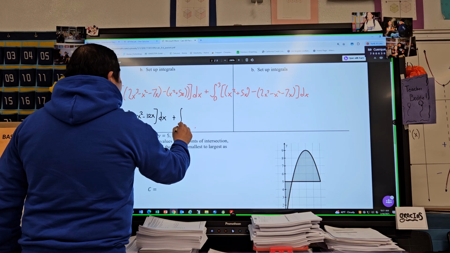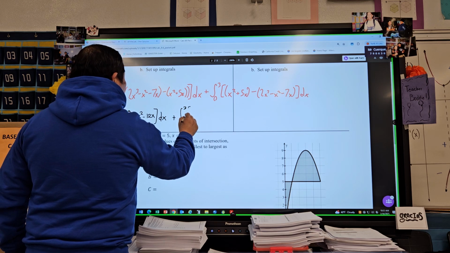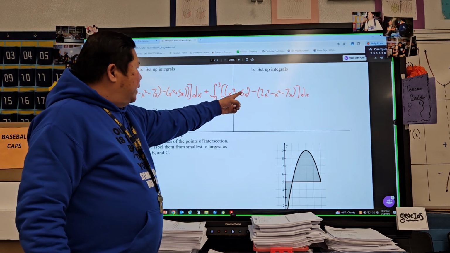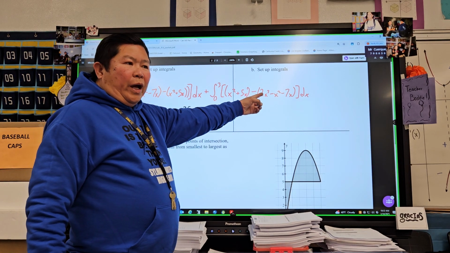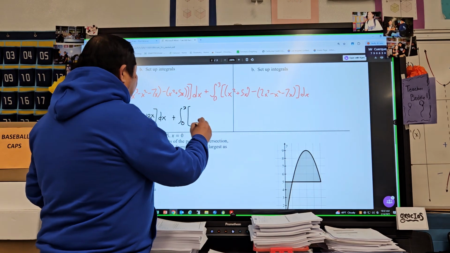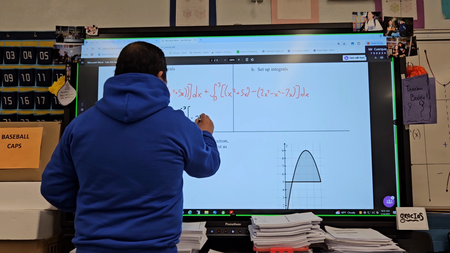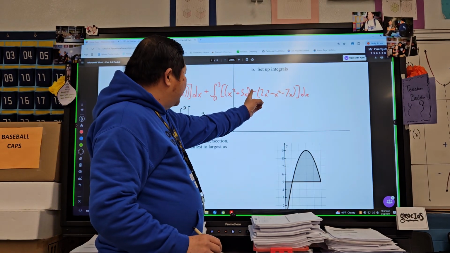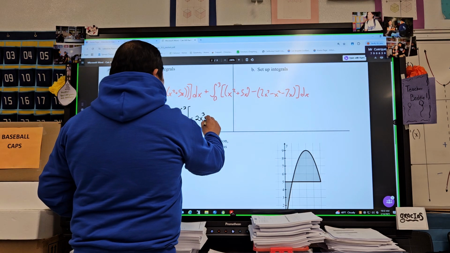Plus the integral from 0 to 3, you have, okay, this is 2x cubed, right? So negative. You can write negative 2x cubed, and this turns to plus, so plus 2x squared.